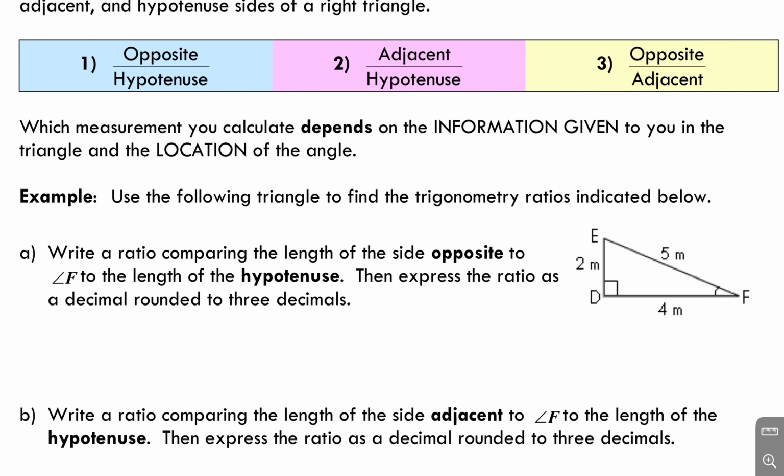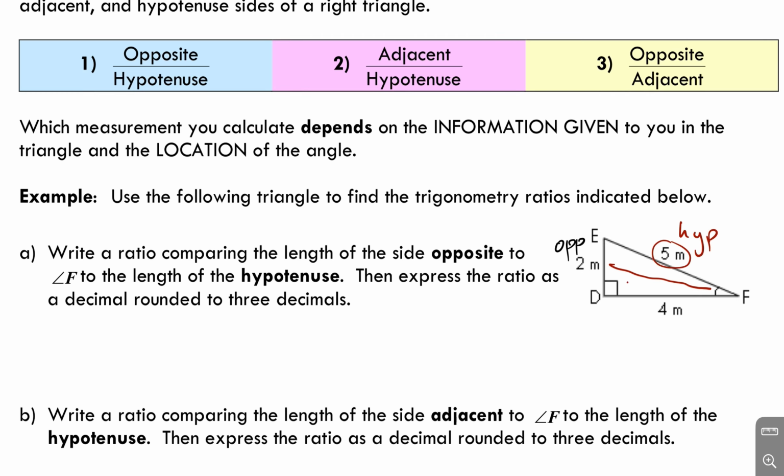In example A, write a ratio comparing the length of the side opposite to the length of the hypotenuse, for angle F. So angle F is the reference angle. I have to identify which side is the opposite side. 2 is the opposite side because it is directly opposite of angle F. 5 then becomes the hypotenuse.